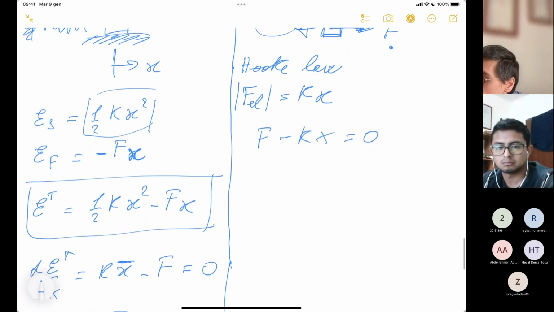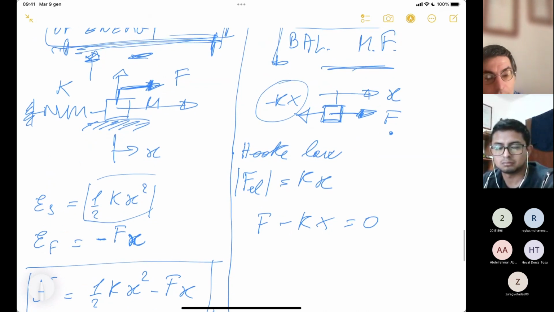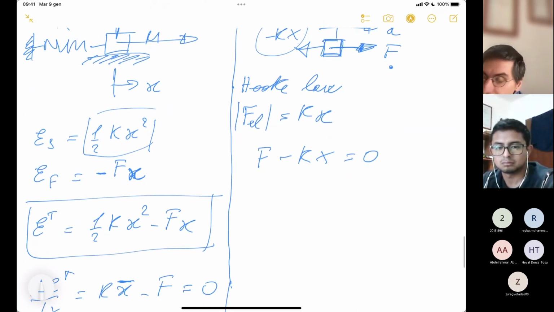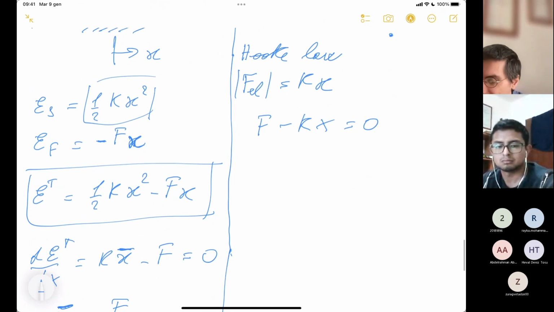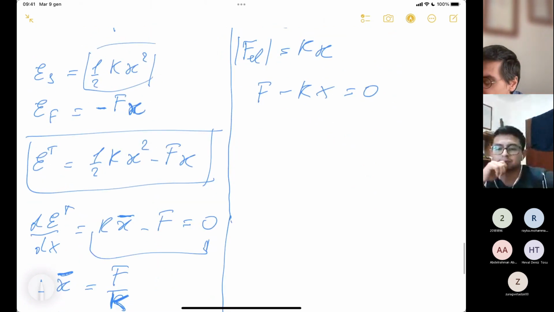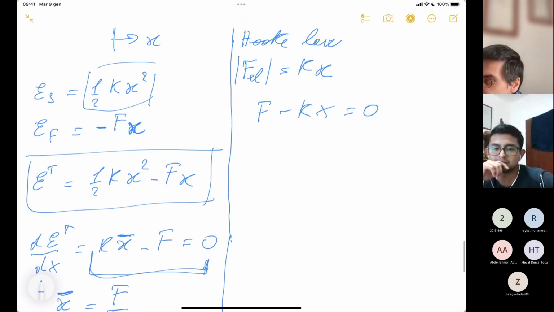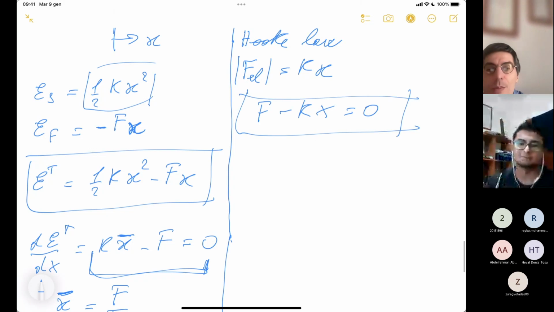So you see, someone in the past, being a little bit smart, said, okay, for the conservation of energy, I always obtain this. So why do I not make the hypothesis that the balance of force is always true?